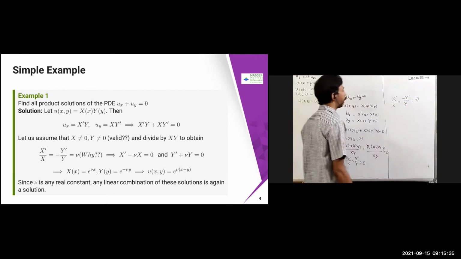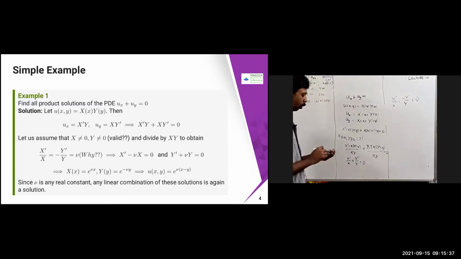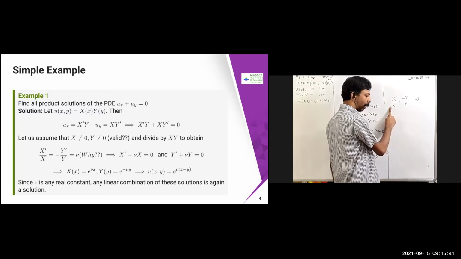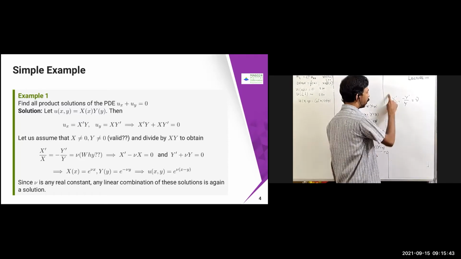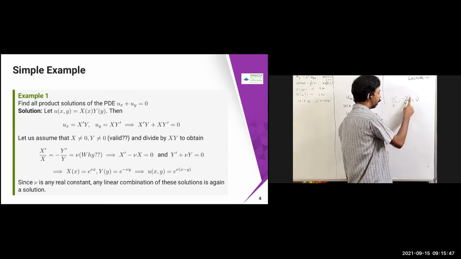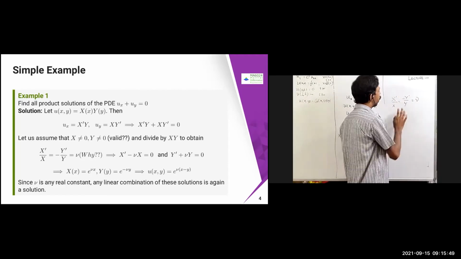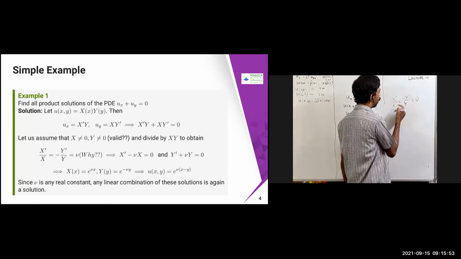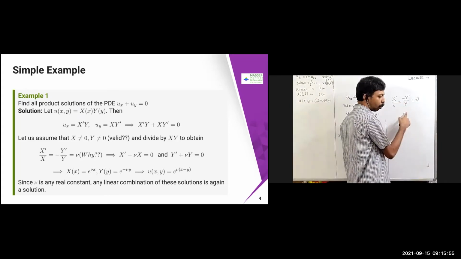Why is it going to be constant? See here, it is a function of x, so this division is going to be a function of x. Here it is a function of y, so this is going to be a function of y only. The left hand side is a function of x, the right hand side is a function of y, and both are equal.